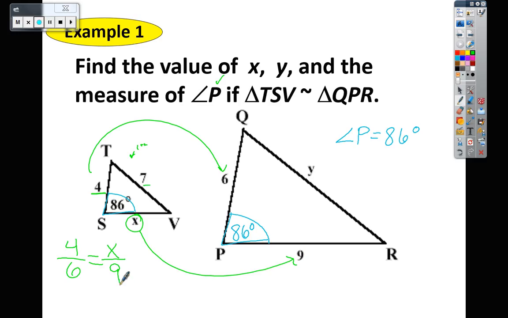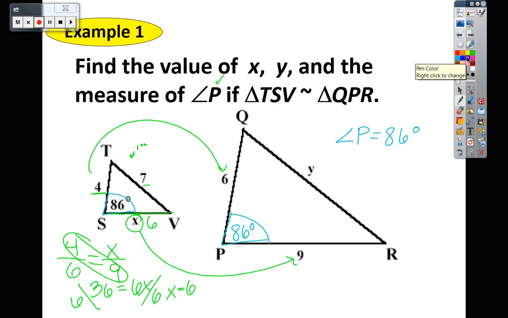Now I can cross multiply, and I get 9 times 4, which is 36, equals 6x. Now I solve for x. Divided by 6, x equals 6. So the value of this side right here is 6, and that's because it is proportional to the figure QPR.